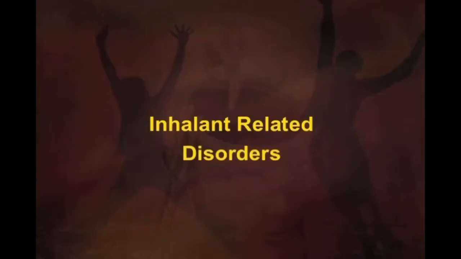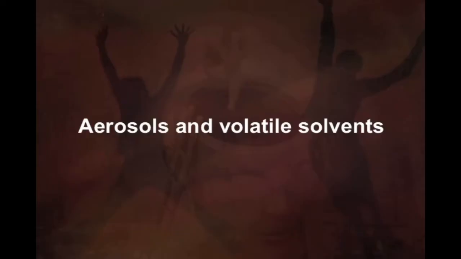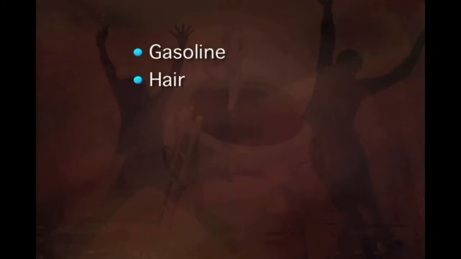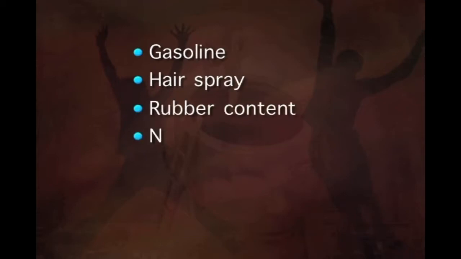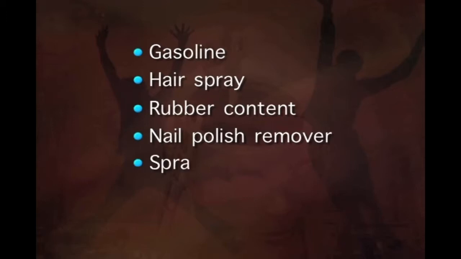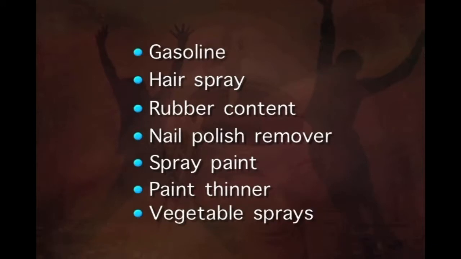After the hallucinogen related disorders, we are shifting our focus now to inhalant related disorders. What are inhalants? These include an expansive range of chemicals that are readily available for use by the people. They are aerosols and volatile solvents. Gasoline, hairspray, rubber content, nail polish remover, spray paint, paint thinner, vegetable sprays are just a few examples of inhalants.